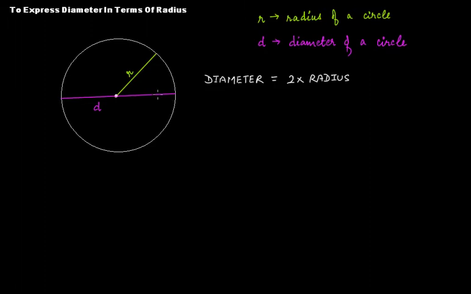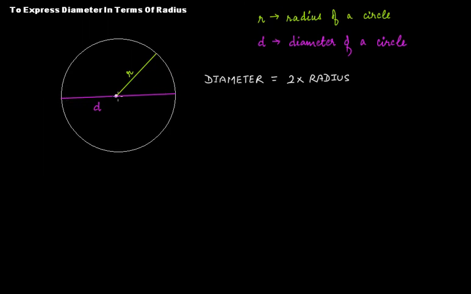This is our diameter, right? And you know that if a line segment starts from the center and touches the circumference, the boundary of the circle, then that will be the radius. So from here to here will be r, and from here to here is also r, so this will also be a radius.